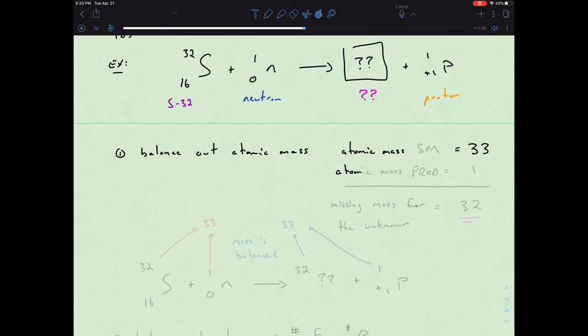That 33 is the atomic mass on the starting material side. And the atomic mass on our product side is 1. So that means the missing mass is equal to 32 for the unknown.